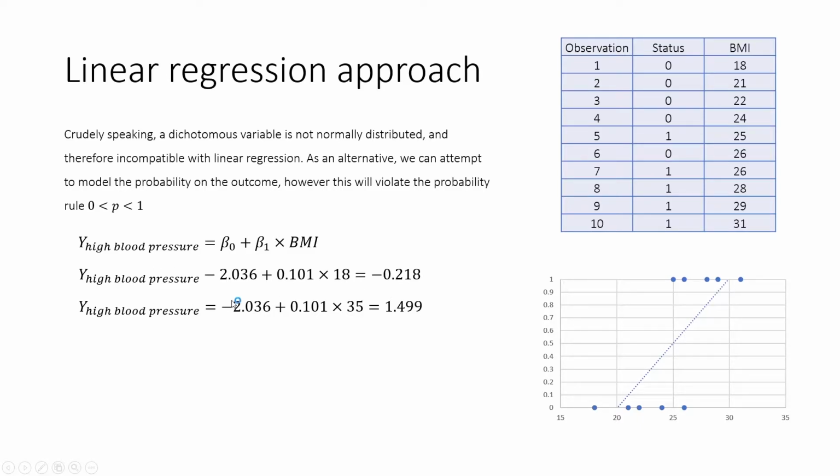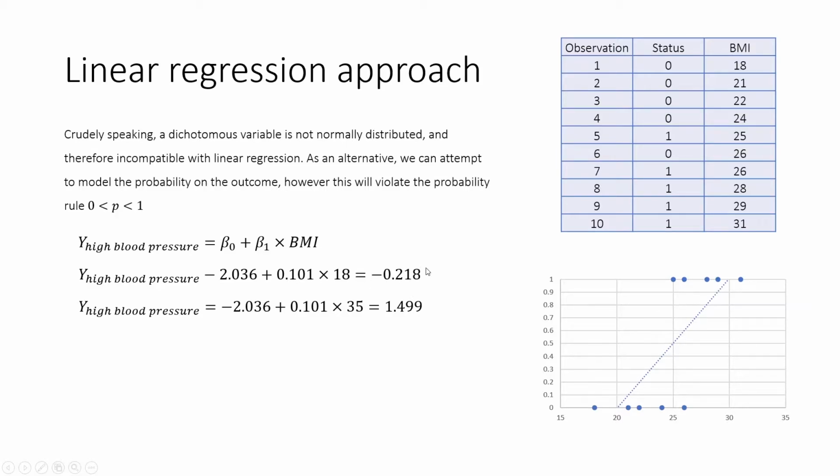In this case, what I did is using a linear regression approach. So I actually, by using ordinary least squares, I determined some kind of linear model, which was equal to minus 2.036 plus 0.101. And when I calculated using this regression equation, the estimated probability of high blood pressure, I got a value that exceeded this probability domain.